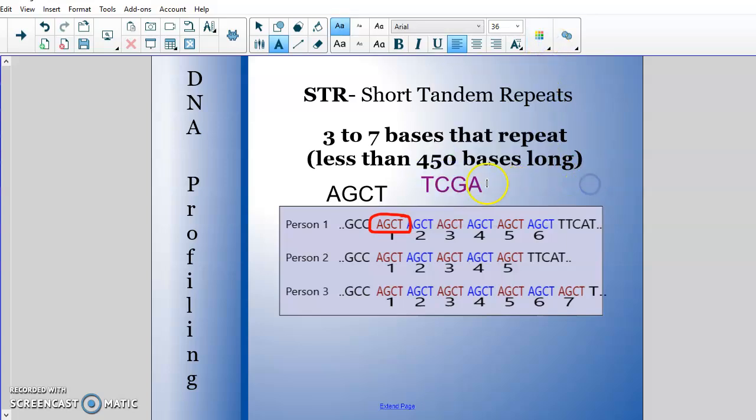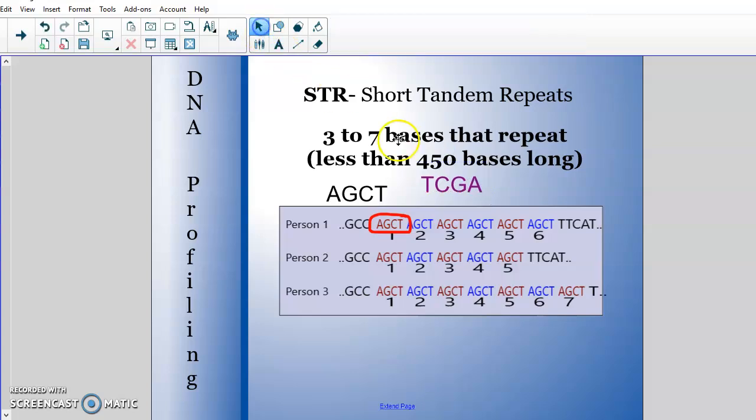So maybe they would make it a different color. All right, and then that primer would go into the DNA, and it would bond, right, because it's an opposite code. It would find this location, and then they would do the polymerase chain reaction on just this section of the DNA, everywhere that this code, AGCT, was, all the way through, and they would copy that location.